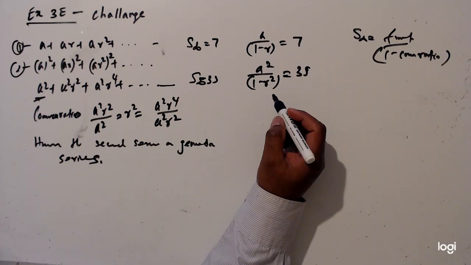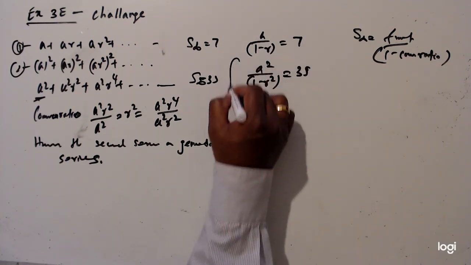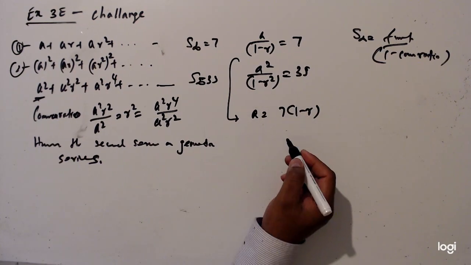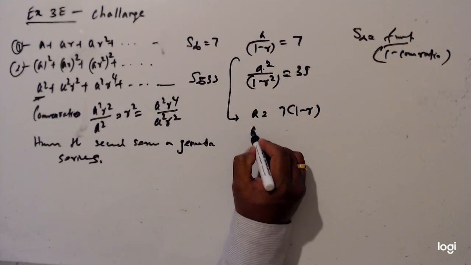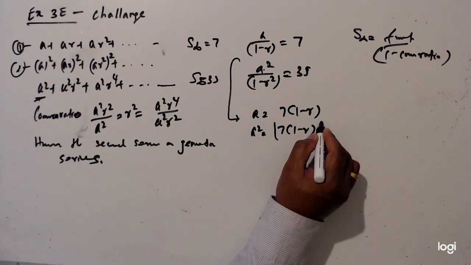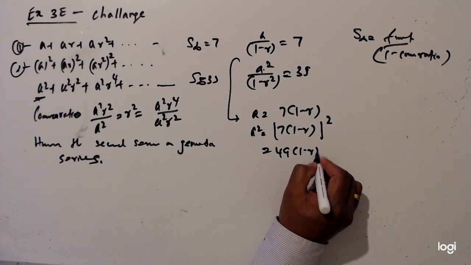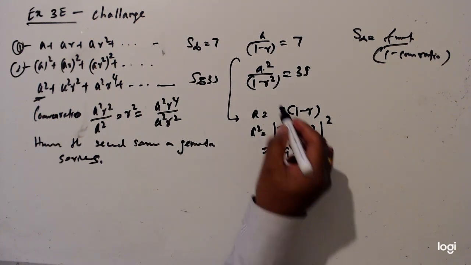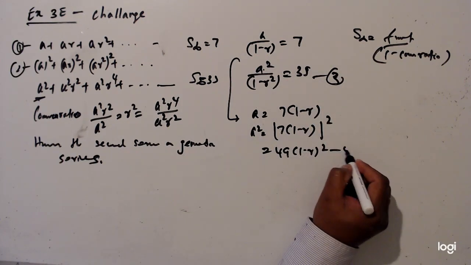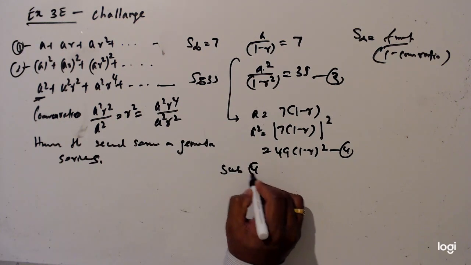Now I can substitute. I can write from here a equals 7 times 1 minus r. Then I can find a squared equals 7 times (1 minus r) squared, that is 49 times (1 minus r) squared. Now I will substitute equation 4 into 3.